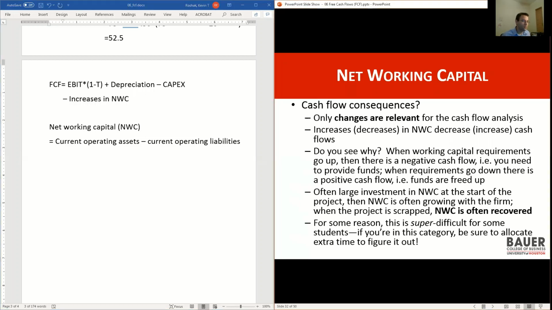Oftentimes for projects, what we'll have is a big investment in net working capital at the beginning. You have to get the project running. Let's say you buy a big ocean liner that you're going to leave from Galveston Port and go to Europe or something like that. So you got this big ocean liner. To begin with, you have to invest in all of the gas and the oil and all the short-term supplies that you need to operate the ship.